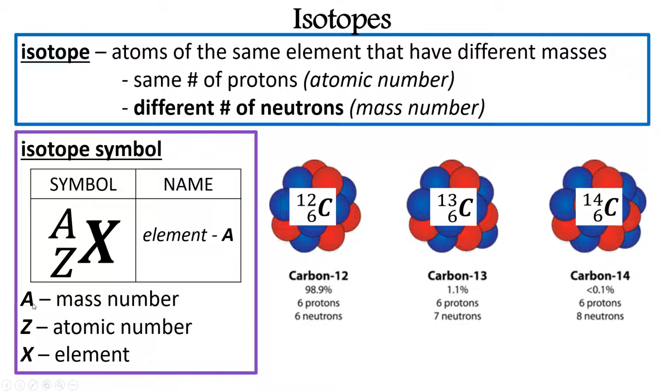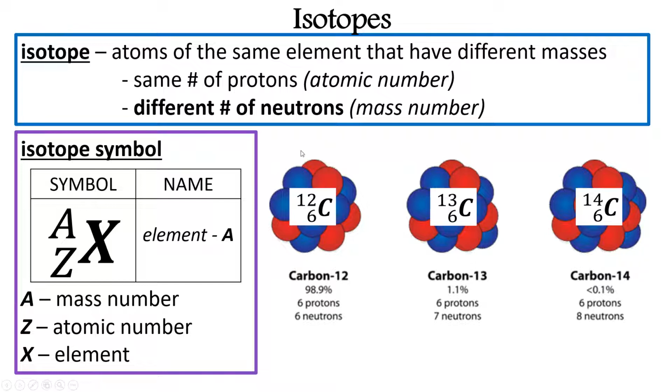That's what the A is, mass number. So that's why when you see them written, you have it like that. The symbol, here you have a C and then a 6 and a 12. So remember, the letter is going to be your element. The number on the bottom is your atomic number, and the number on top is your mass number.